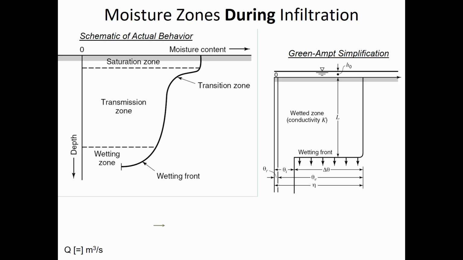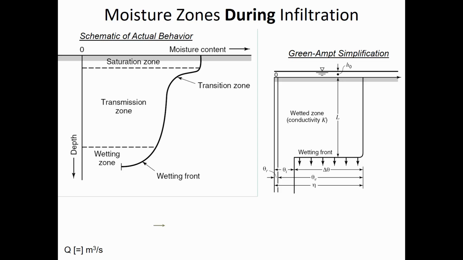That is one of the limitations of Green-Ampt: it assumes an immediate transition from the initial moisture content to fully saturated. It's modeling saturated flow rather than unsaturated flow. But in spite of that, it does a pretty good job of describing the curve of declining rate of potential infiltration.